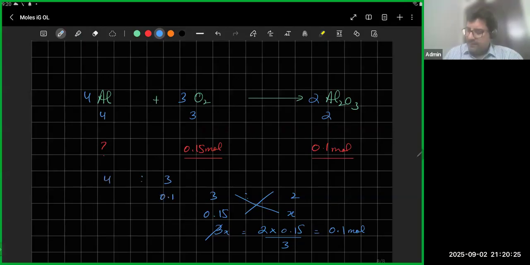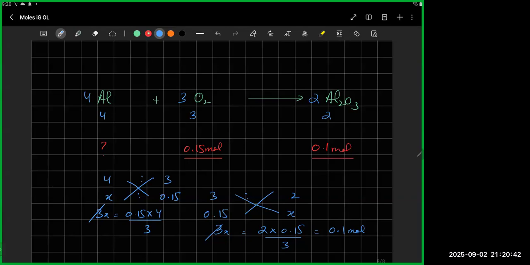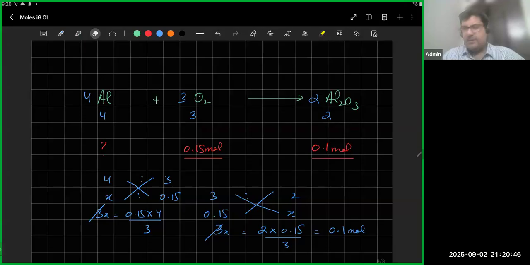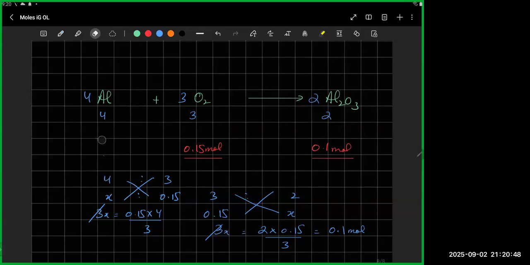So if I have 0.15, how much would it react with? That's X, that's unknown, that's the question mark. I'm going to cross multiply. It's going to be 3x is equal to 0.15 times 4, and then I would have to divide this by 3. So what do we get? What is 0.15 times 4? 0.2.